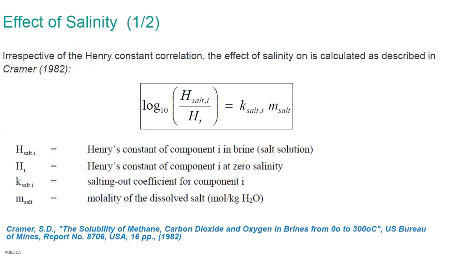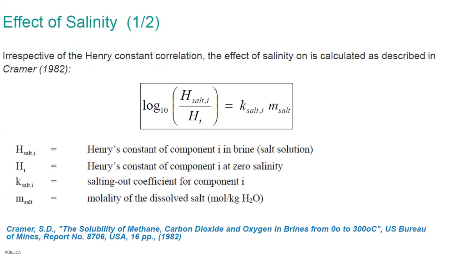Another effect that's not considered in the WinProp is the salinity effect. If you want to consider the salt out effect, this is important when you are working with dynamic salinity in GEM, if your salinities change over the course of your simulation.